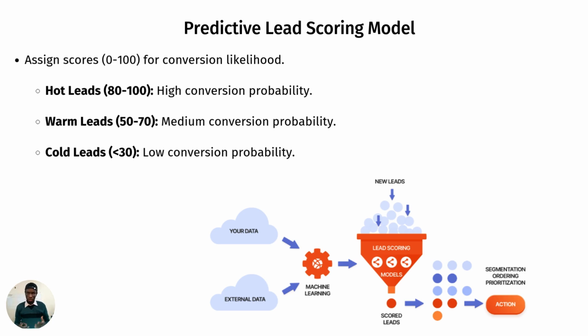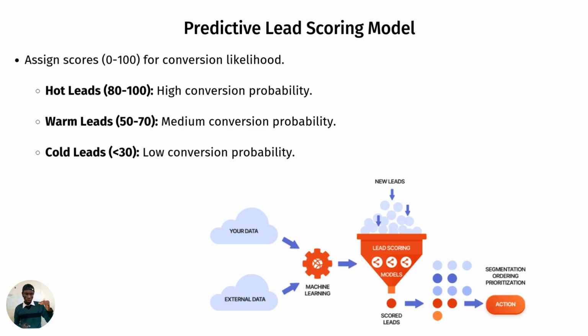Warm leads will be about 50 to 70, maybe just lower than 80%. That one will be the medium conversion probability. And anything less than 30, the low conversion probability, will be classified as a cold lead.